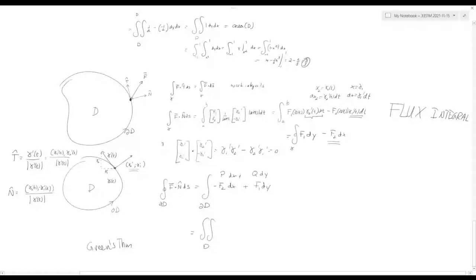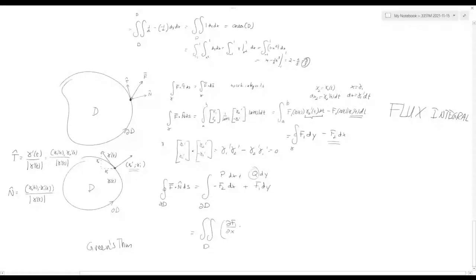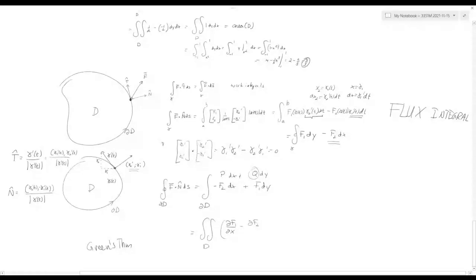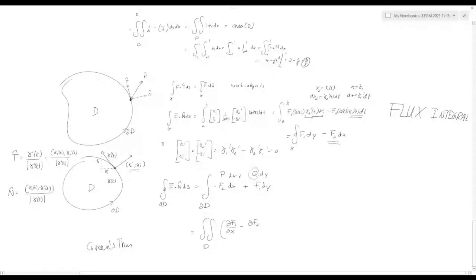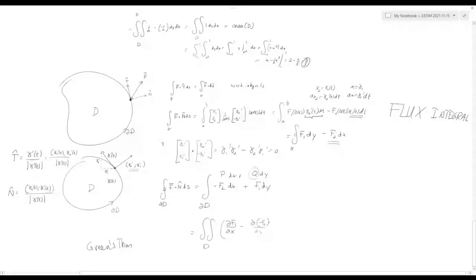And Green's theorem says that this should be the derivative of q, the derivative of f1, with respect to x, minus the derivative of p, where p is negative f2, with respect to y, dy dx.